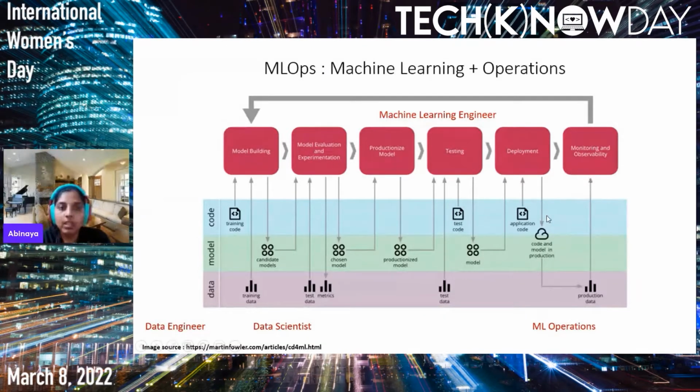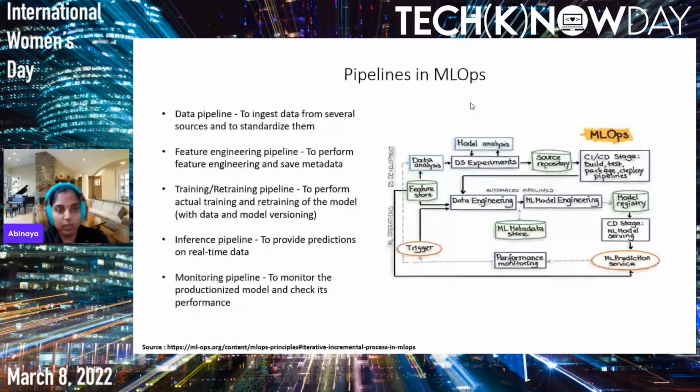In any MLOps platform, there are certain pipelines that can be completely automated or maybe semi-automated. For example, an MLOps platform can have a data pipeline which is used to ingest data from several sources, and it can be standardized to a single format. Once that is done, we have a feature engineering pipeline where you pre-process the data, extract the relevant features for your problem, and save the metadata to a feature store.